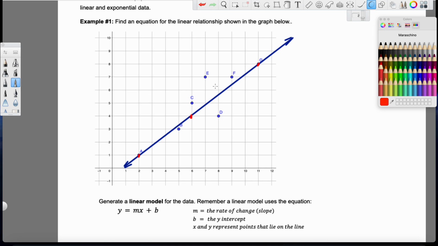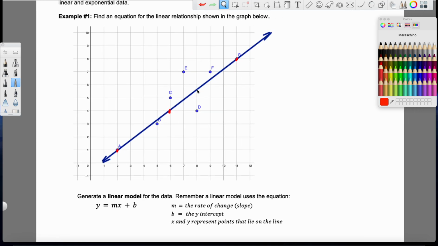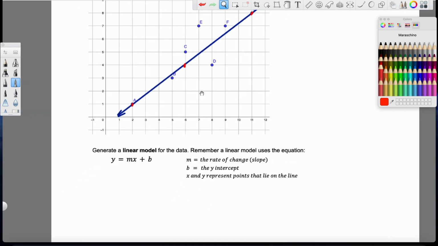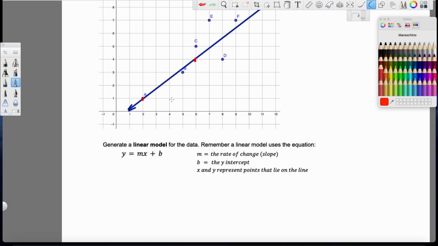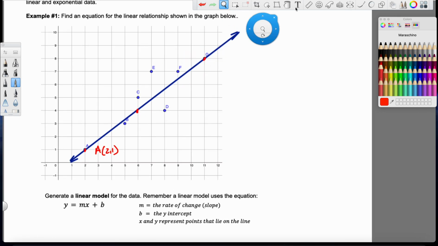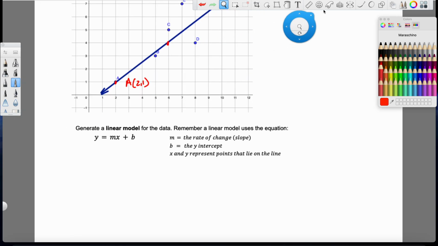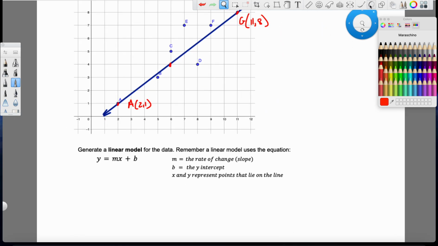It's close, so we'll go with that for this example. So A here is at 2, 1, and G here is at 11, 8. We're going to use those 2 points.